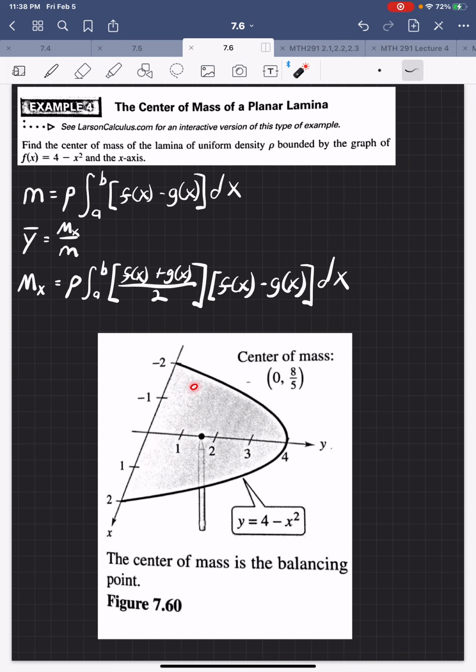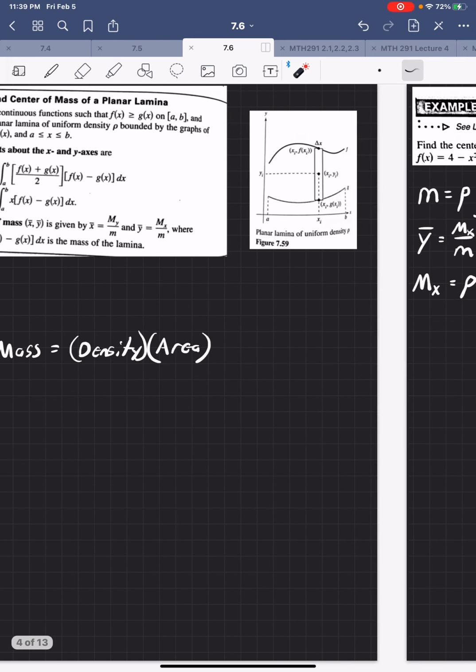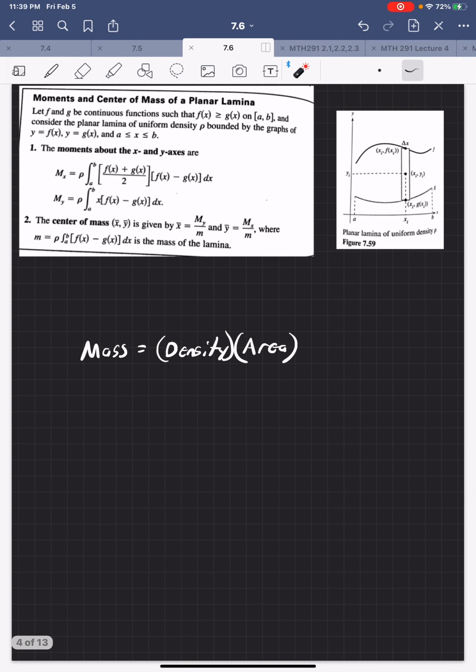Like this side over here can't be heavier, denser than this side over here, or this point over here. It has to have the same density throughout the entirety of the object, right? So this idea of uniform density.